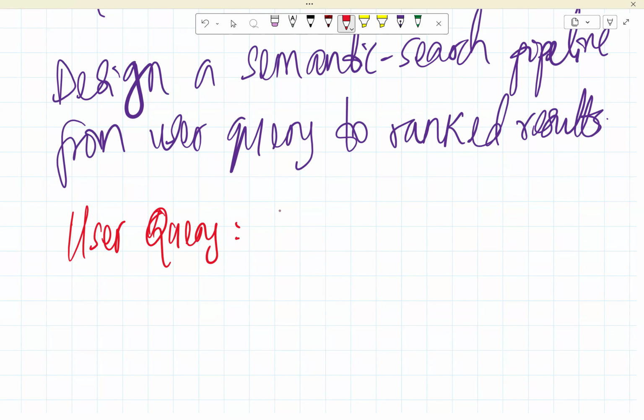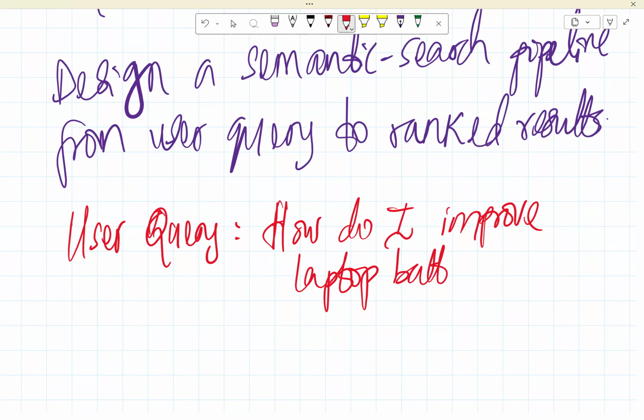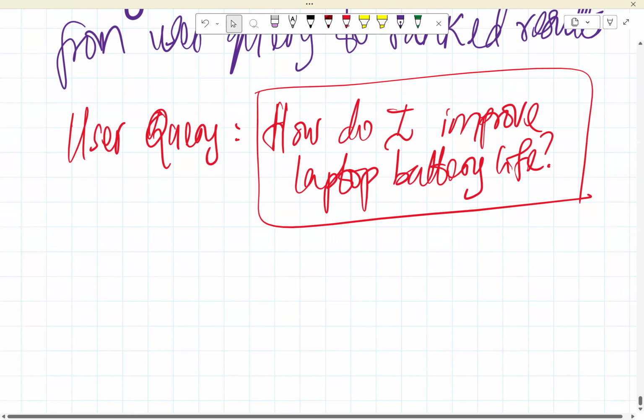So you have a user query like, how do I improve laptop battery life? So that's a query, put into an AI model, so to speak.